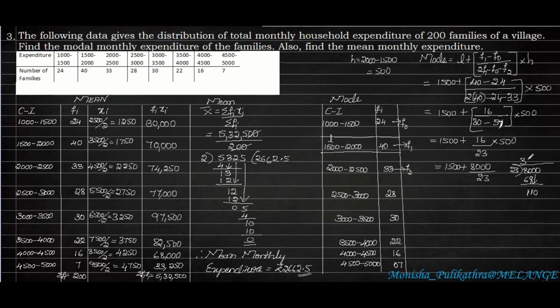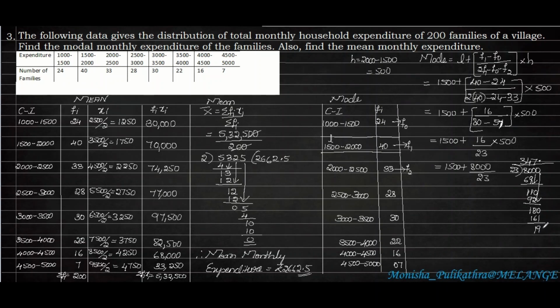Next, 23 4s are 92, so the remaining will be 18. Again it is not divisible, so I'll take the next 0, 180. So 23 7s are 161, so 19 is remaining.